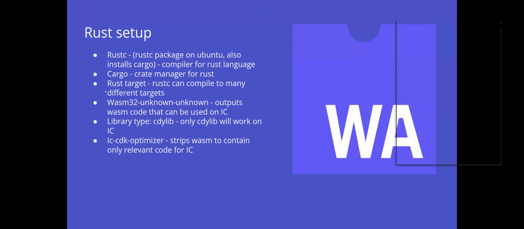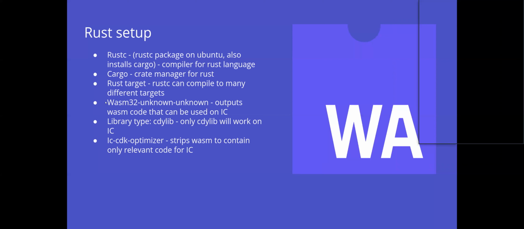You have mobile phones, which would be another type of target. And you also have the WASM target, which is WebAssembly, which can be run directly in browsers. And it is important because WebAssembly was created for browsers, but right now it is being repurposed for other stuff like the Internet Computer.